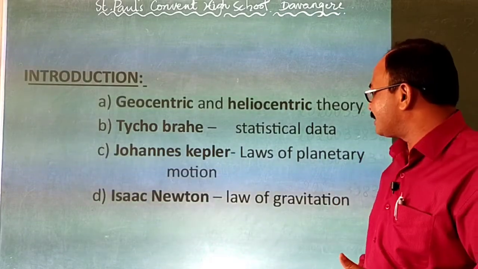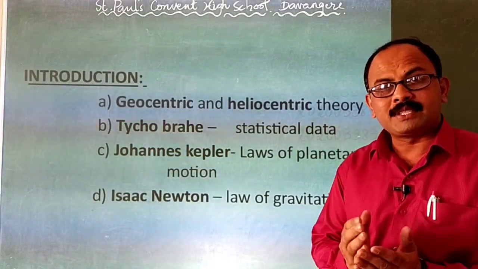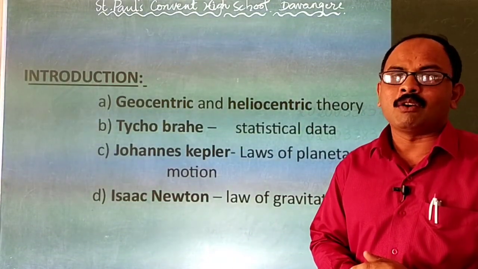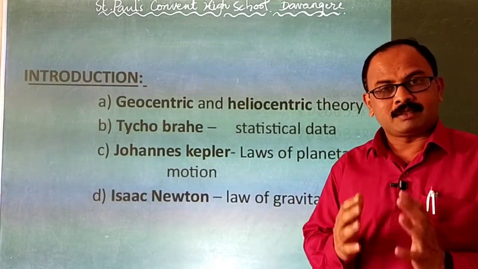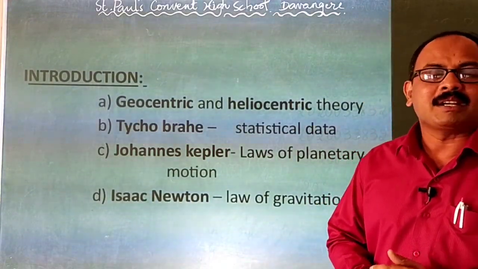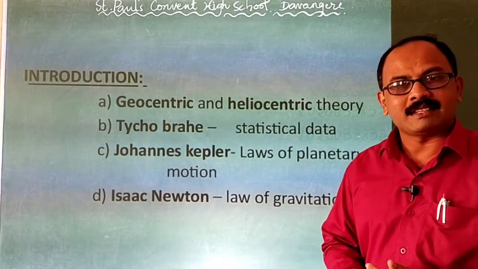He condenses the three laws of planetary motion and gives one law called the universal law of gravitation. That's how this gravitation lesson has come into existence. So this is our introductory lesson, children.